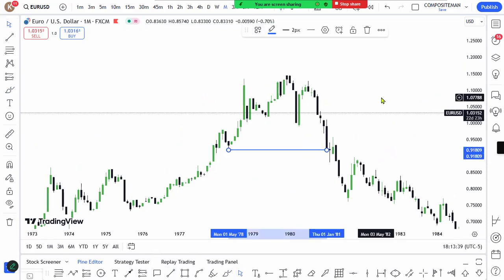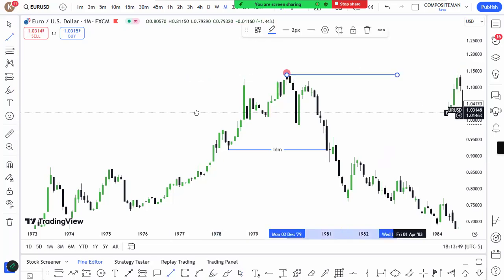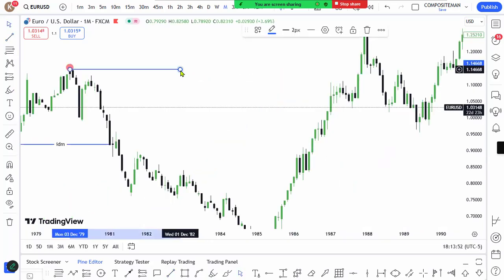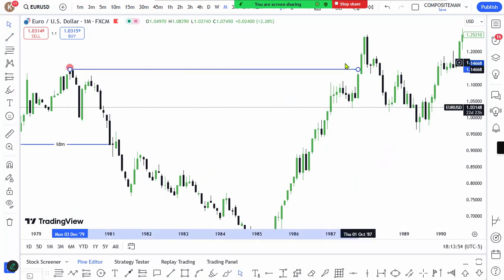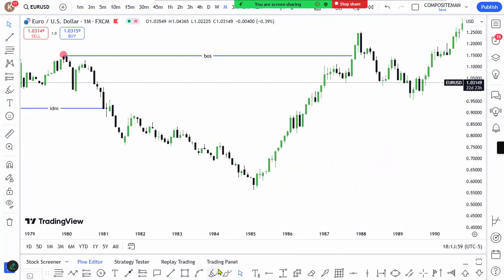That's my first inducement, and if this is my first inducement, this is my high. Then if we break this structure, I know that now the market structure is bullish. And actually, that's where the high is. And what's the low? The low is here.